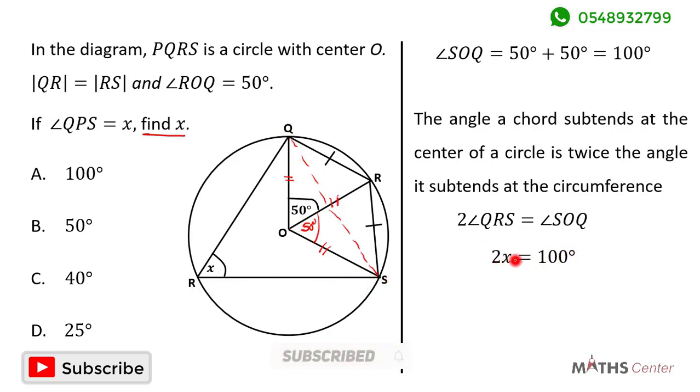So you have 2x is equal to 100 degrees. To get x, I will divide both sides by 2. So x will be equal to 100 degrees divided by 2, which is 50 degrees. So the value of x is 50 degrees. When we look through the options, we can see that the correct option is B.